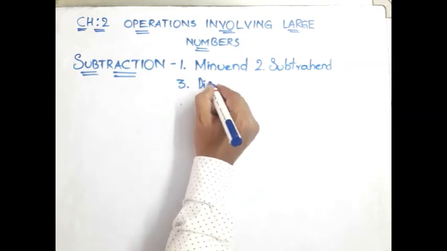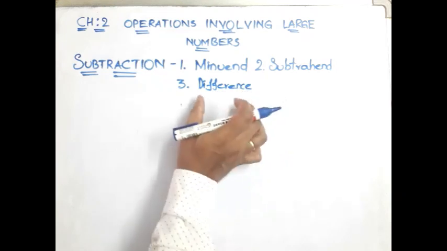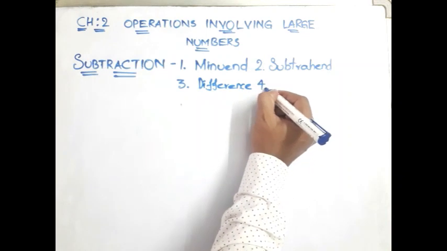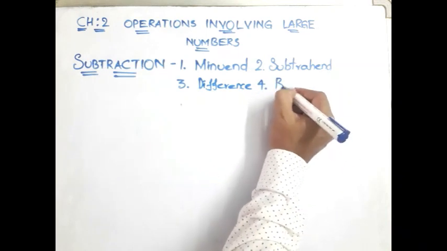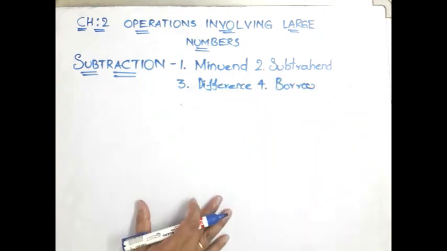This is very important. Most of the higher classes children also will get confused with this difference and subtraction. So please follow it. Difference. And the fourth one is borrow. You already know these terms, that is minuend, subtrahend and borrow.